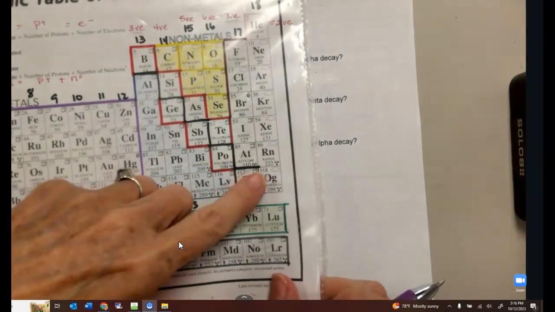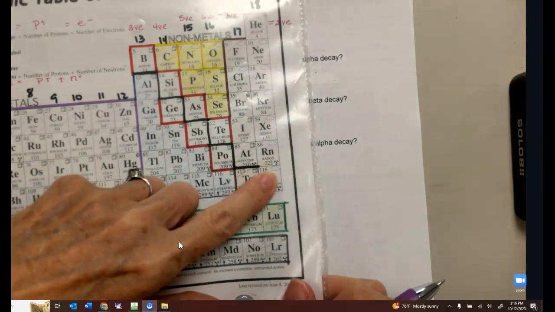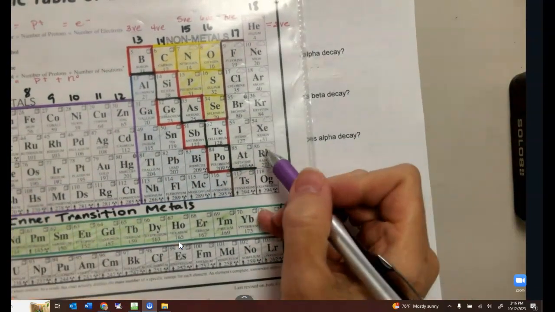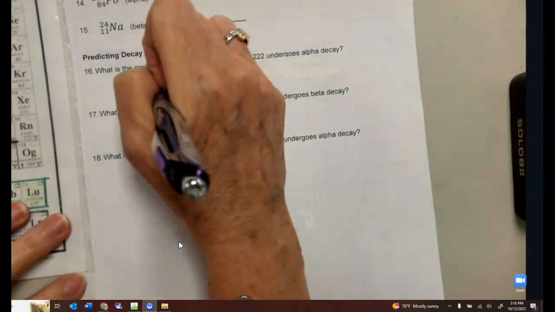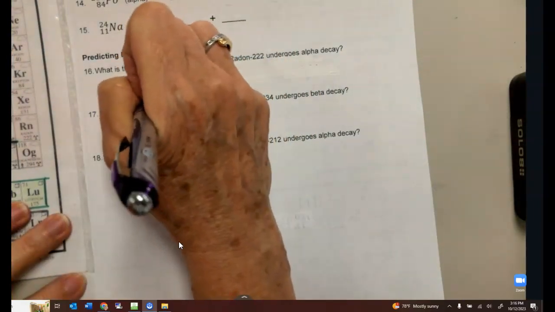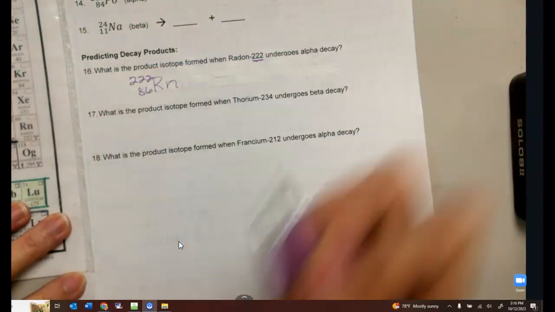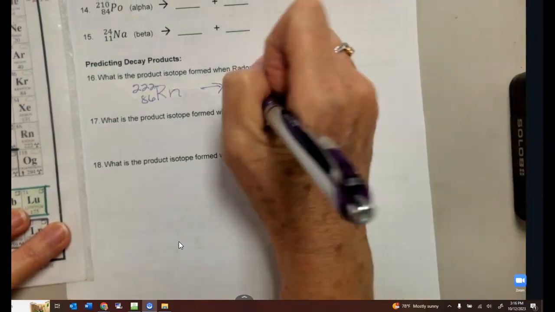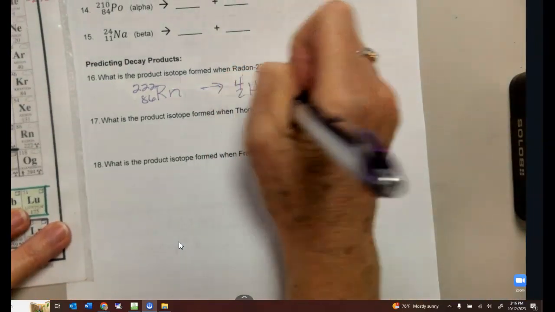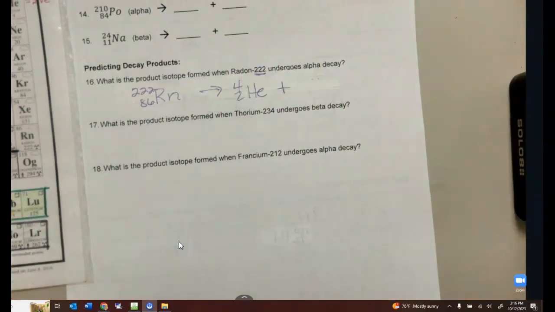Let's find him on our periodic table. He's right here. Radon 222, element symbol Rn, element number 86, mass on top, and it undergoes alpha decay. So let's put that symbol for alpha, our helium nucleus, and finish off the reaction.